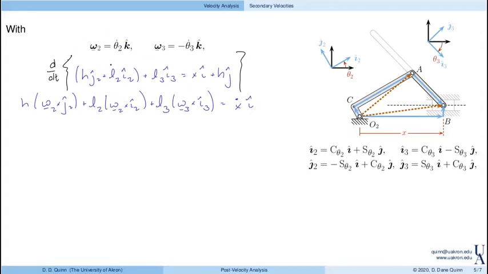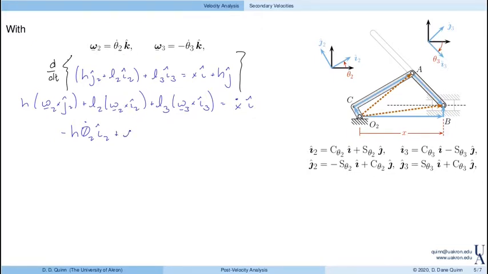So here we'll use these angular velocities and we'll evaluate these cross products. So this first term, theta 2 dot k cross j, is minus I. So that becomes minus h theta 2 dot in the I2 direction. K cross I2 is J2.